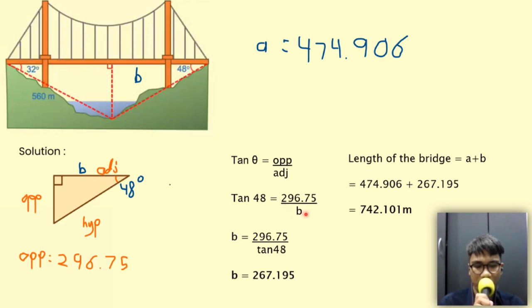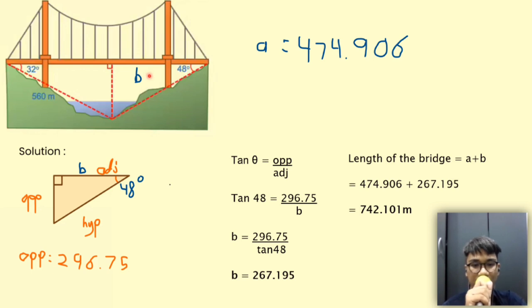We don't know B, so we put it there. Same as earlier, we move tan to the right, and it becomes 269.75 divided by tan 48 degrees. And then we get the length of B, which is 267.195 meters.